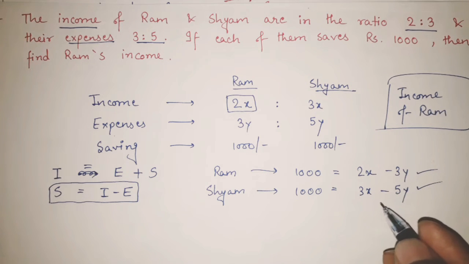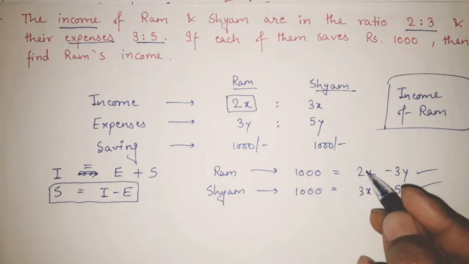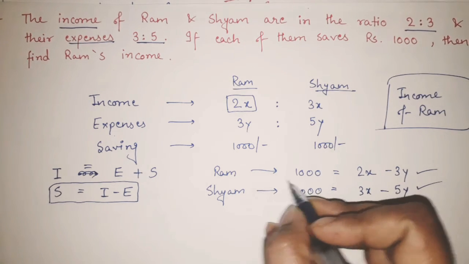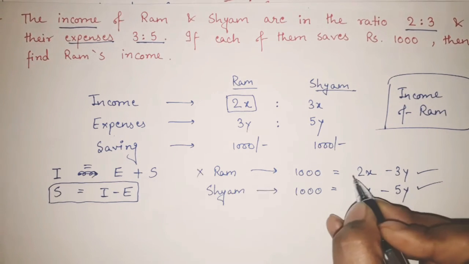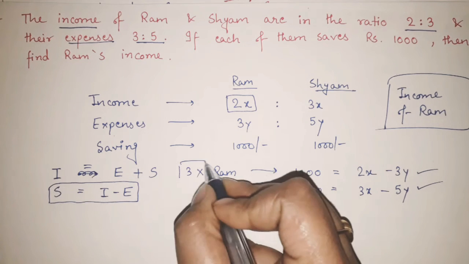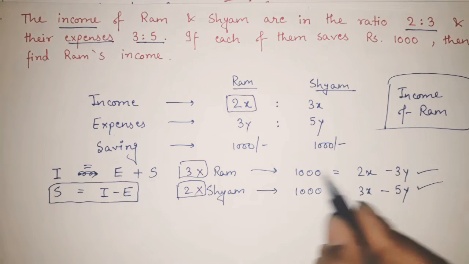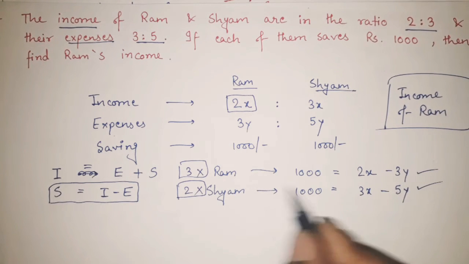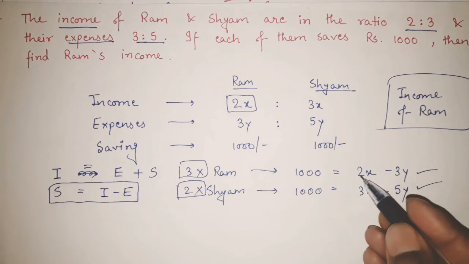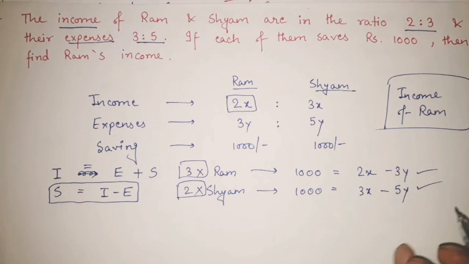So what you can do, let's multiply this equation with 3 and this equation with 2, so that we will get 6x in both. Got it?